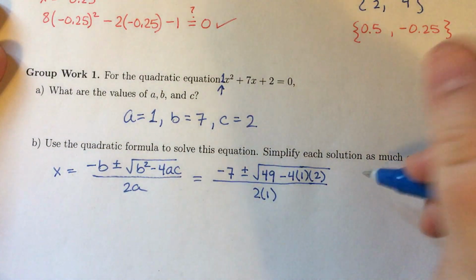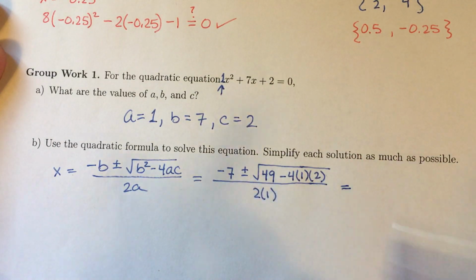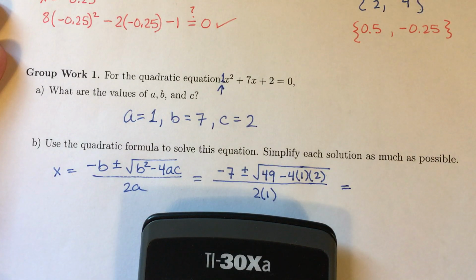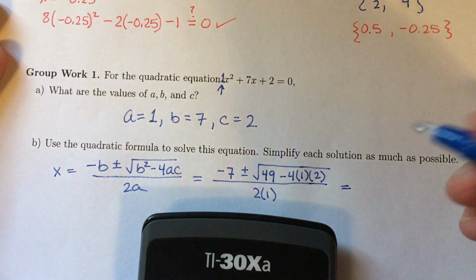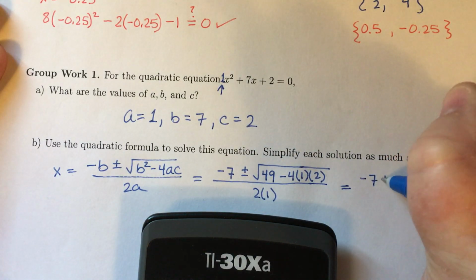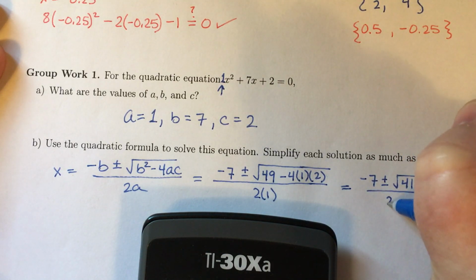Let's keep going. Next is to put the stuff that's inside the square root into the calculator. 49 minus 8. I just know that 4 times 2 is 8. That's 41. So I get negative 7 plus or minus the square root of 41 all over 2.